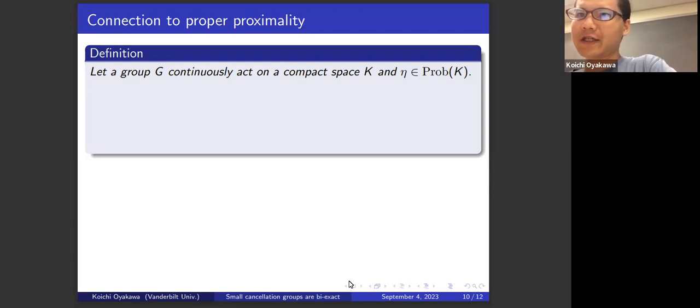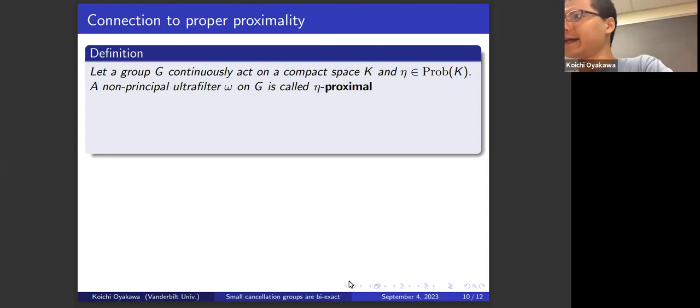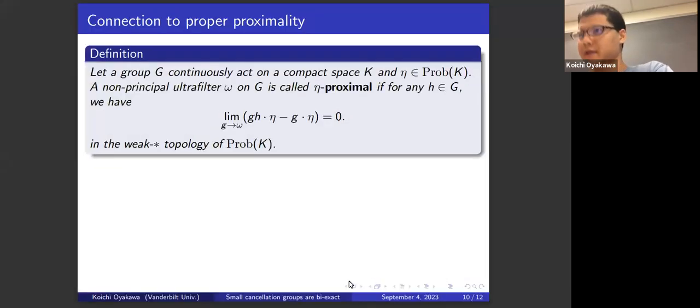Let G be a group acting on a compact space, and take an ultrafilter of G, so it's an element of the Stone-Čech compactification of G. Then we can define some property on the elements of the Stone-Čech compactification.